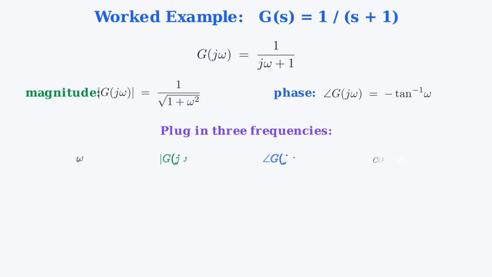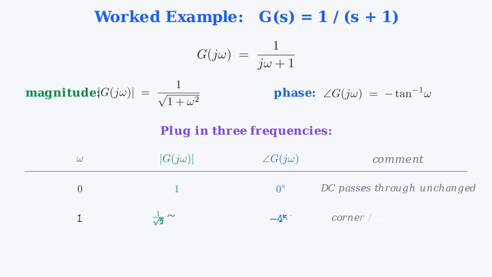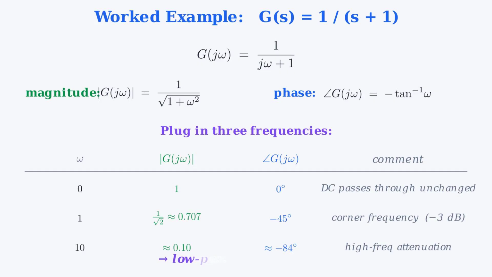The magnitude of 1 over j omega plus 1 is 1 over the magnitude of j omega plus 1, which is 1 over root 1 plus omega squared. For the phase, the angle of 1 is 0, and the angle of j omega plus 1 is arctan omega over 1, equal to arctan omega. So angle of g of j omega is 0 minus arctan omega, which is just minus arctan omega.